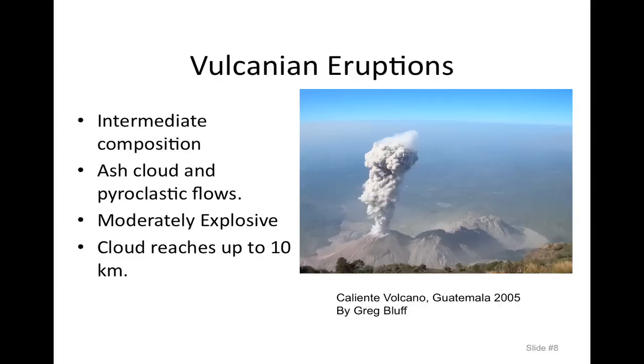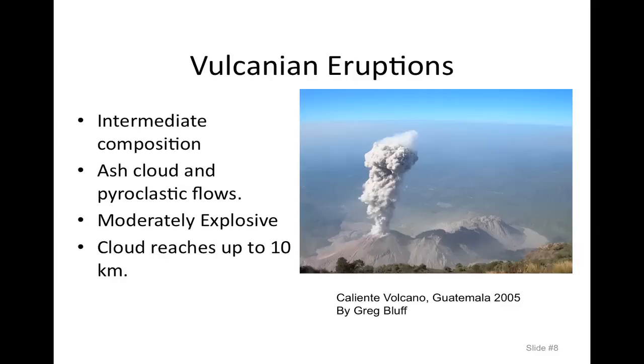Ash clouds, you can see there, are just made of little pieces of glass that are light enough to be pushed out of the volcano and float in midair for quite a while before they land somewhere either near the volcano, or winds may blow that away from the volcano at some distance. They're moderately explosive and a lot more scary if you're standing next to it than a strombolian eruption by far. This particular cloud will reach up to 10 kilometers in height.